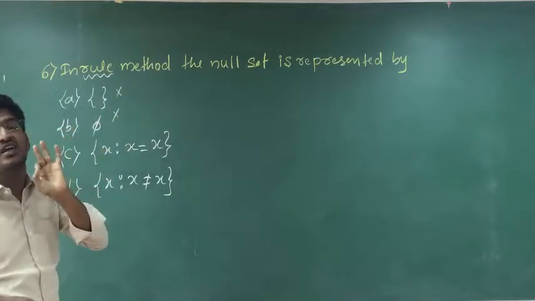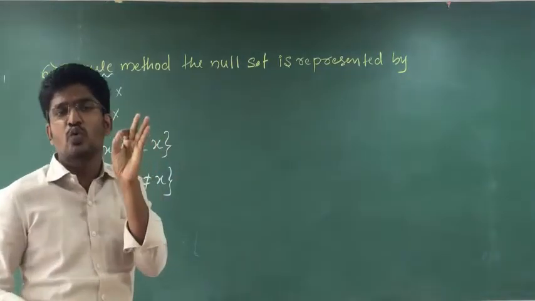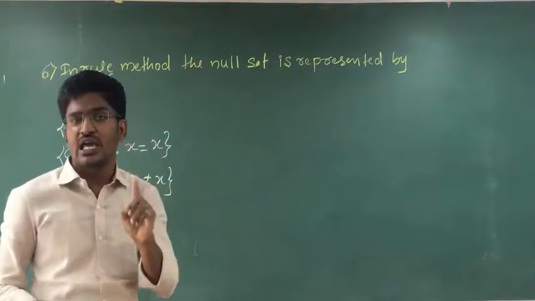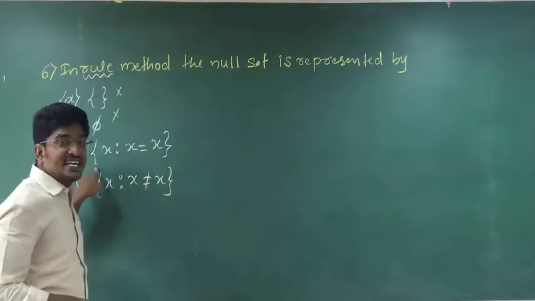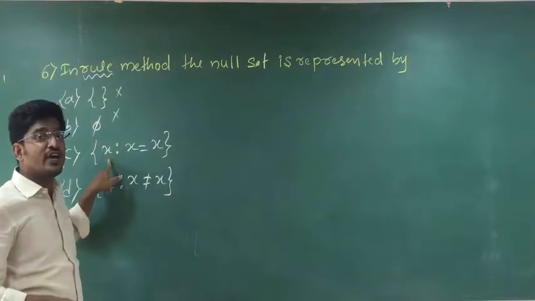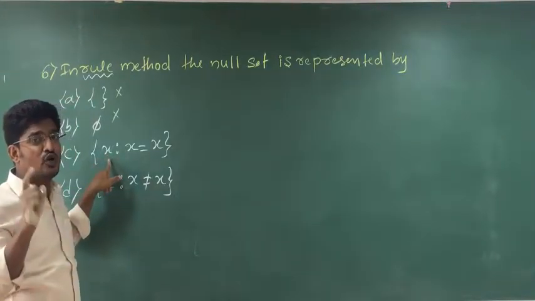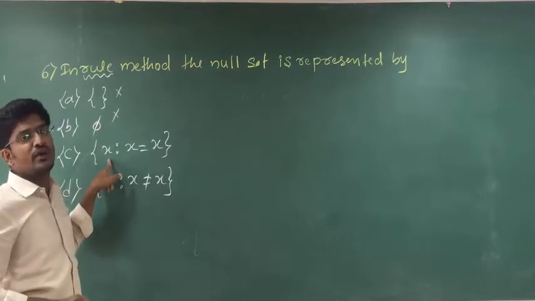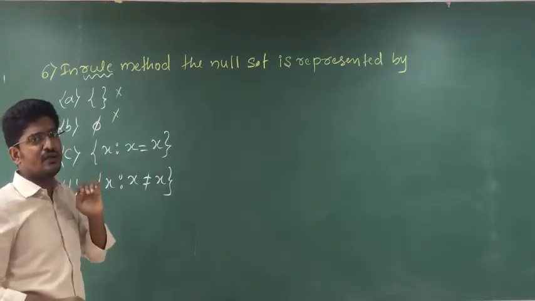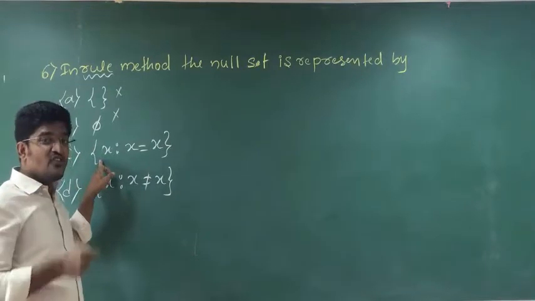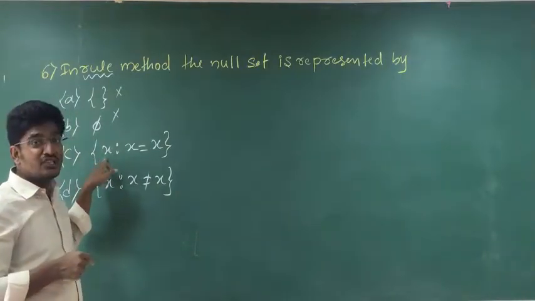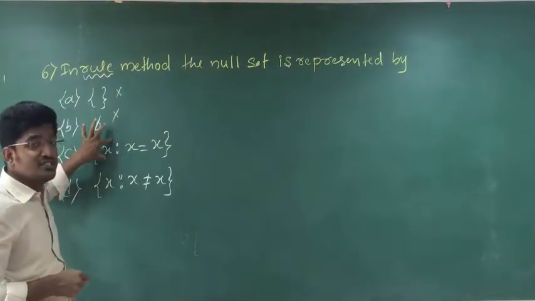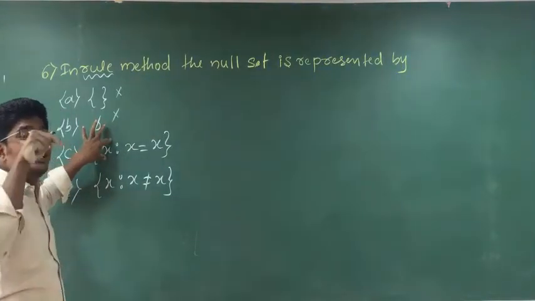See this rule. What is he telling in this set? Please understand carefully. You have to read the defined set carefully: set of collection of x. If you don't understand what is written in mathematical form, definitely you are going to make a mistake. Because here, a set of x, that means collection of x such that this x must equal itself.